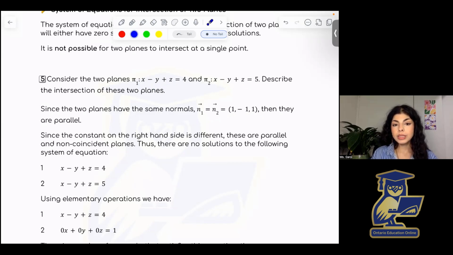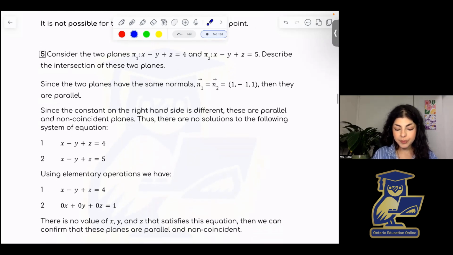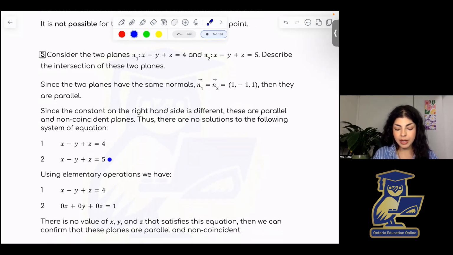If they are coincident planes, then any point on one plane will be a point on the other plane. However, if you look at their equations here, if you have an x, y, and z that satisfies x minus y plus z is equal to 4, then there is no way for that same x, y, and z to also produce 5. So there is actually no solution to this system of equations.